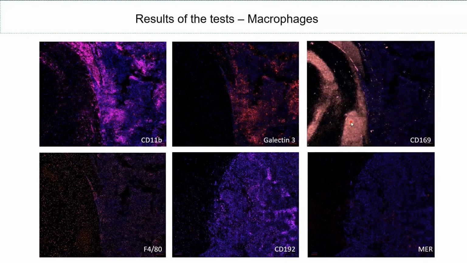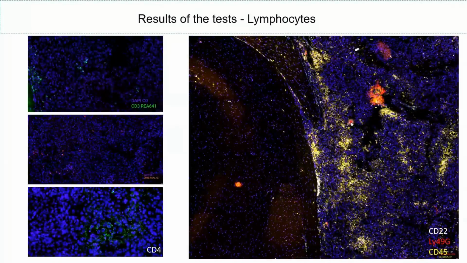And this is the same for the macrophages, blood-derived macrophages. Here is a merge. And we also did a panel for lymphocytes. So in yellow, it's CD45. For lymphocytes, this macroscopic view is not working very well because there are very few cells in glioblastoma.